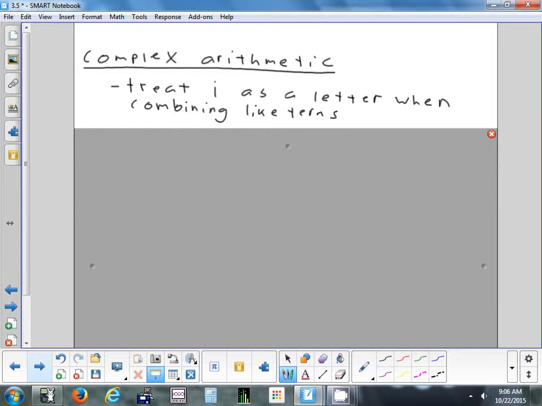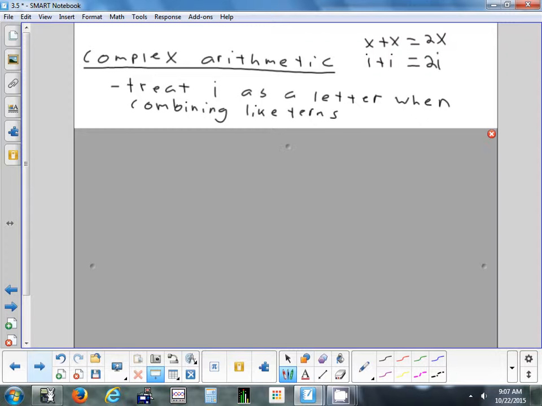All right. So when you're doing complex arithmetic, you can think of i as a letter, kind of like if you did x plus x, that gives you 2x. Same idea. If you did i plus i, what would that give you? 2i, not i squared.